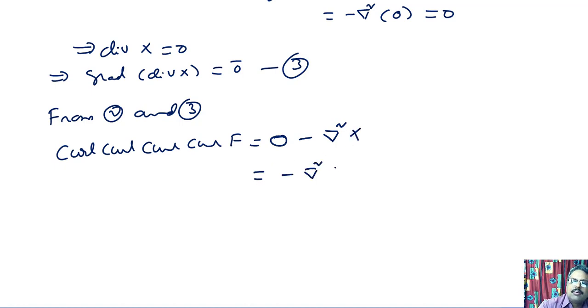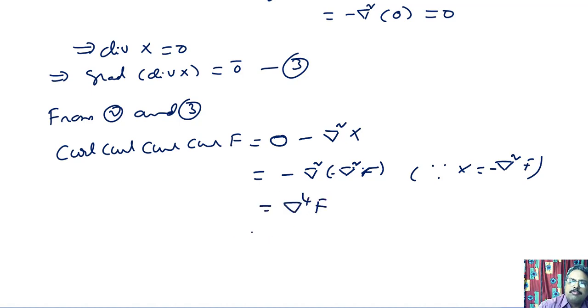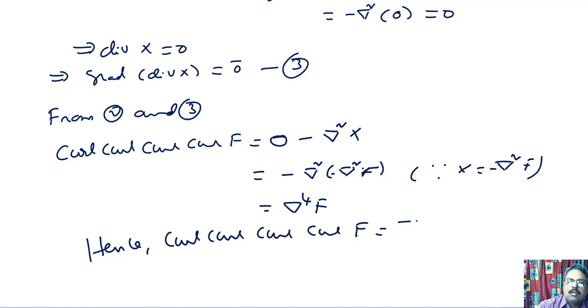Del square of minus del square F, because X equals minus del square F. Then finally minus of minus del power 4 F. Hence curl of curl F equals del power 4 into F.